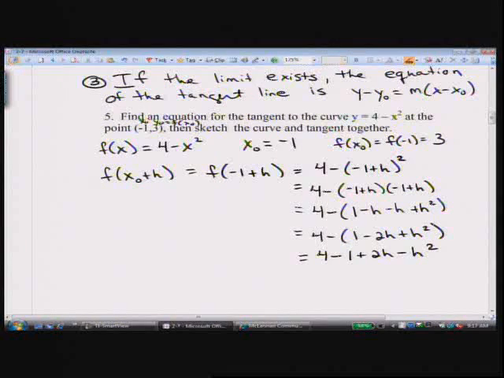So this that we have just found is the equation for f of x naught plus h. Okay? And we also know the value for f of x naught, it is 3. So we are ready to use our limit to work this problem and try and find the slope at the point.